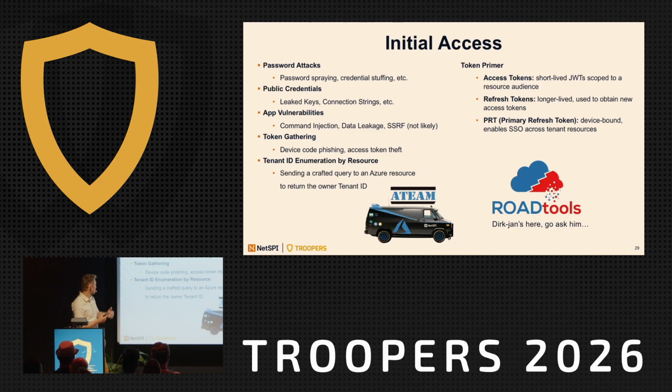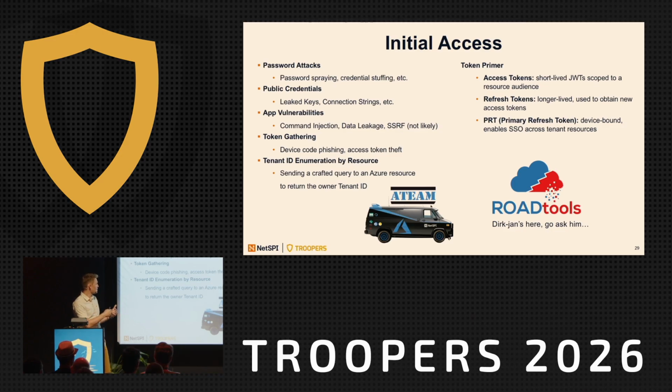And then the last thing I'll call out on here is resource enumeration on the internet and then tying that back to tenant IDs. This is a shameless plug for a tool that Thomas and I put out around DEF CON last year called A-Team. What that does is it identifies Azure resources based off of subdomains. Azure has standard subdomains that they use for hosting host names for the resources.